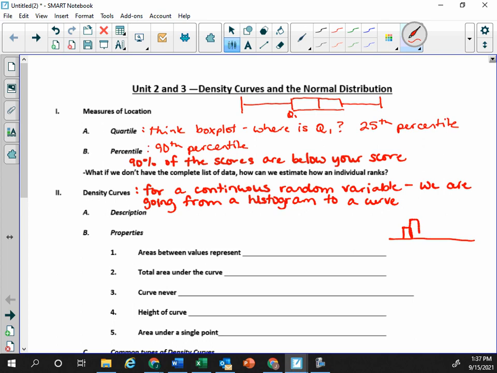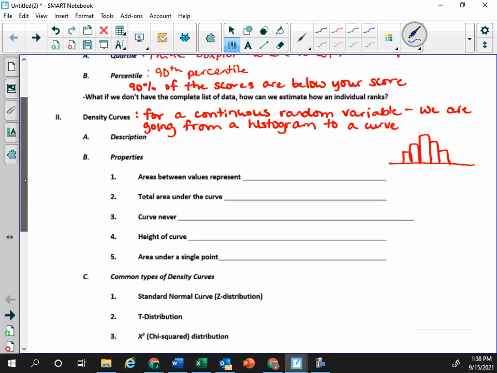I'll draw you a little histogram here. So that's a histogram. That's what we were talking about in the last unit.